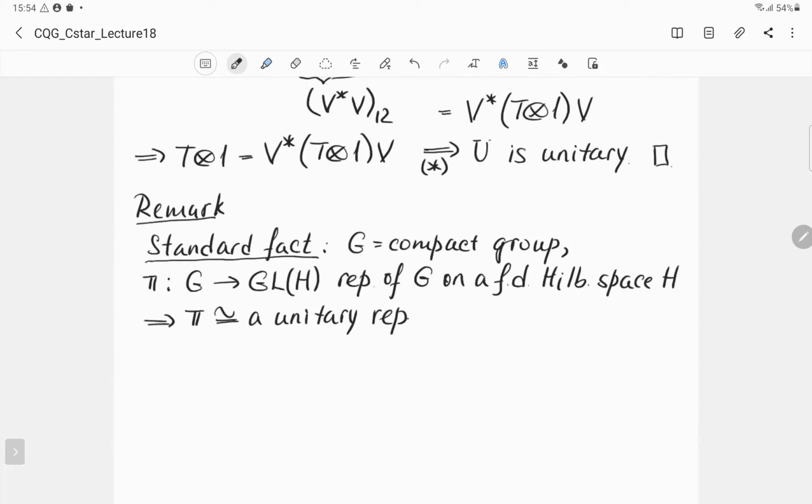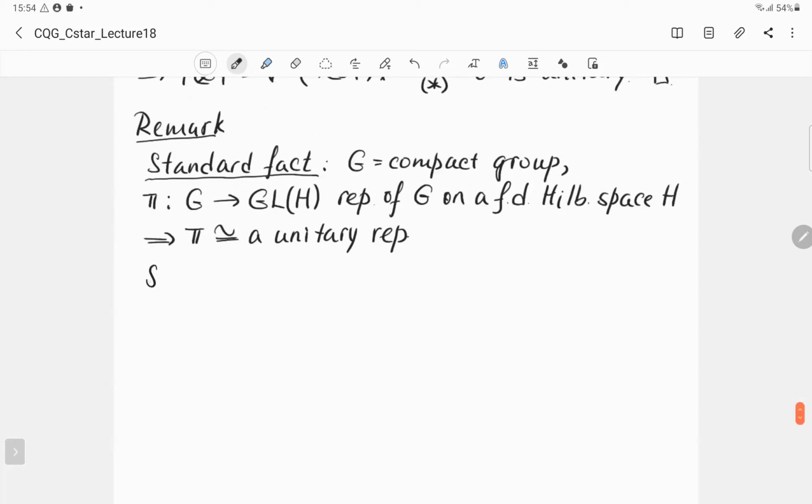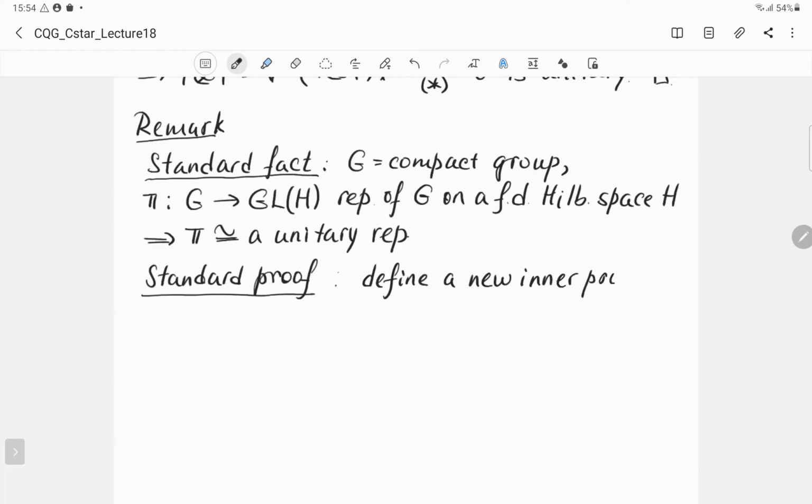And usually the most standard proof looks as follows. We define a new inner product on the same Hilbert space H. We just average the old inner product as follows.